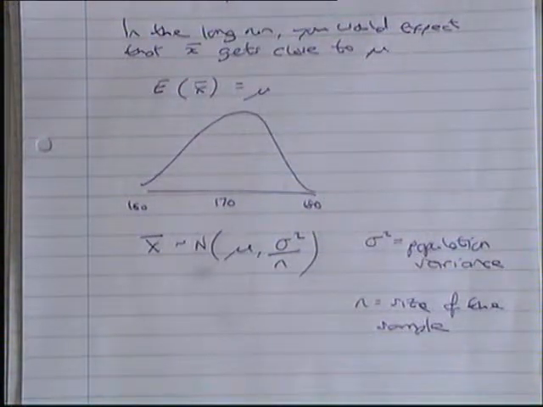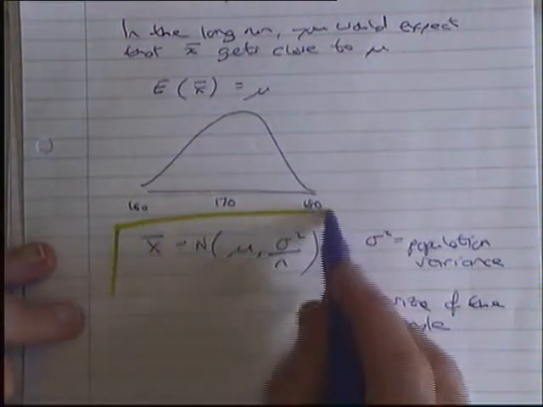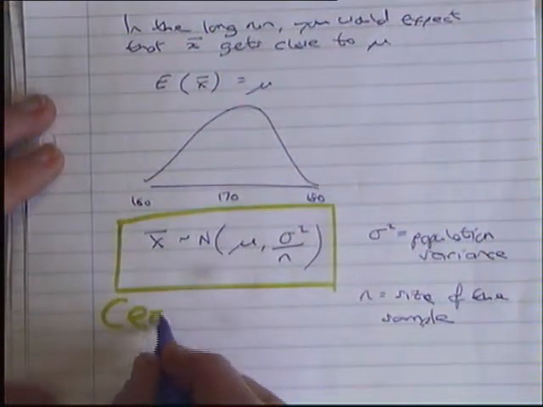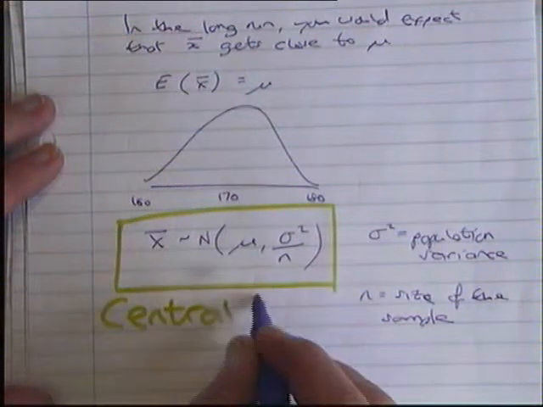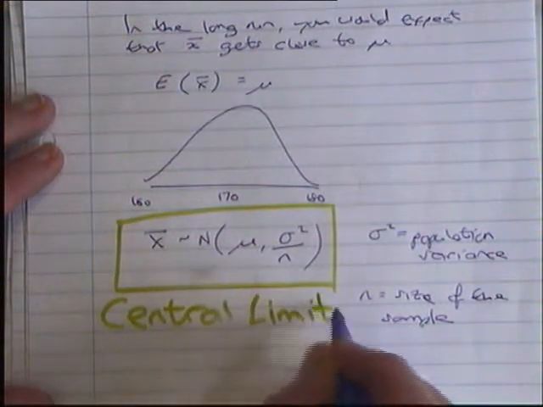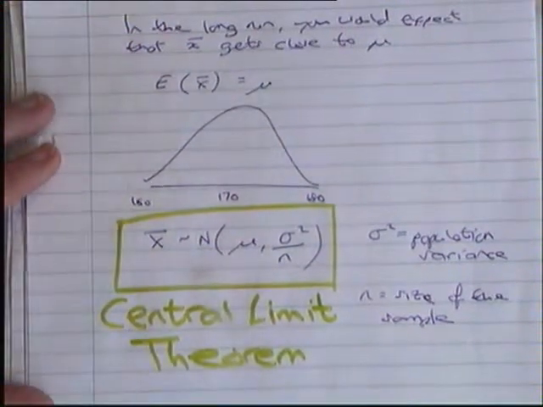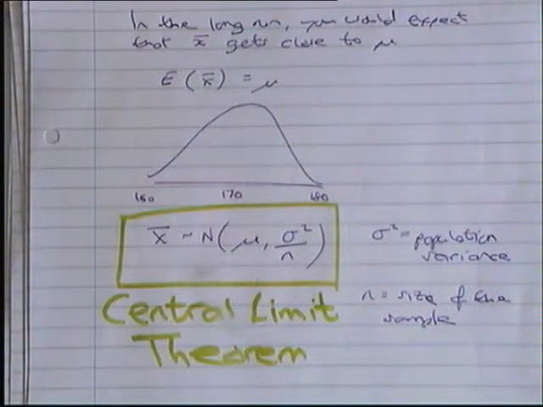Okay. This thing here is absolutely fundamental to everything we do from now on in S2, and that is called the central limit theorem. It's fundamental to everything else we do.